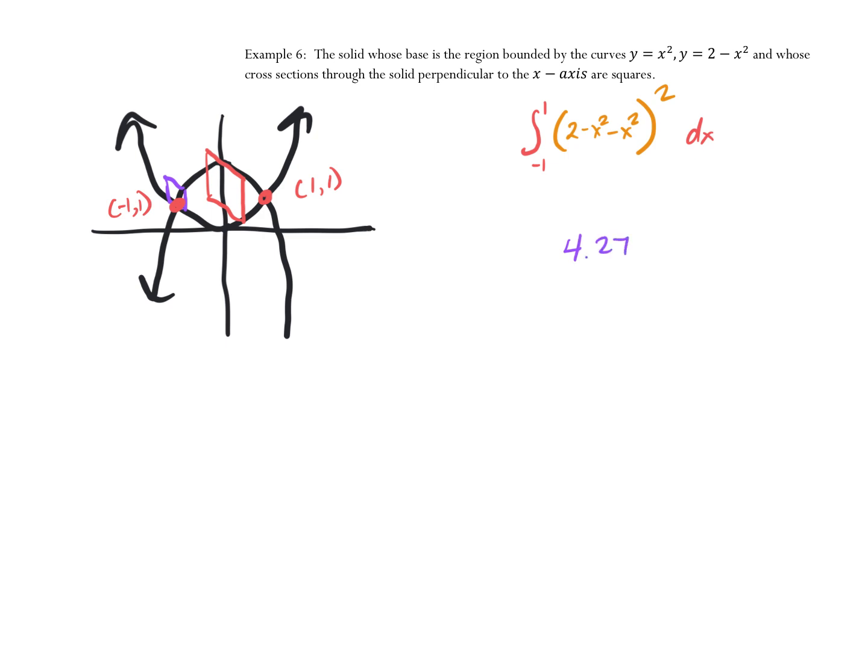It's 4.27. Or 266. Got it. It seemed that it needed to be over 3, a fraction of a third. Everybody good?